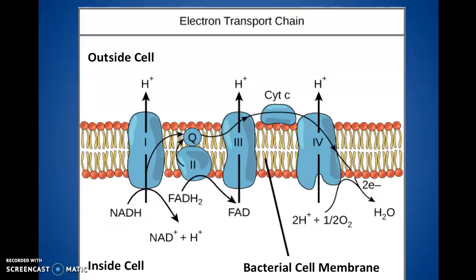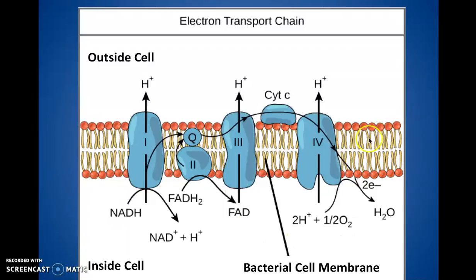So here's just a simplified version of the electron transport chain. This area is going to be outside of the bacterial cell, and this area is going to be what's occurring on the inside of the bacterial cell.